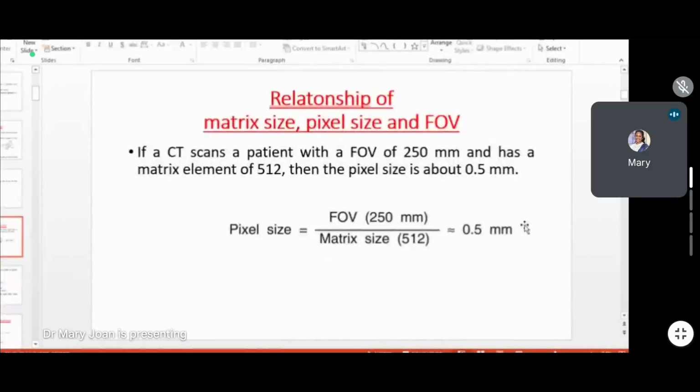Before that, is it good to have a small pixel size or a large pixel size? Small pixels. And to reduce the pixel size, what do we have to do? Increase the matrix size. Instead of 512, if we have 1024, the pixel size will be much smaller, because the field of view will not change for a particular view.